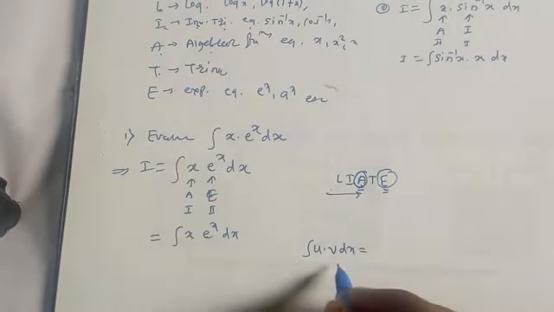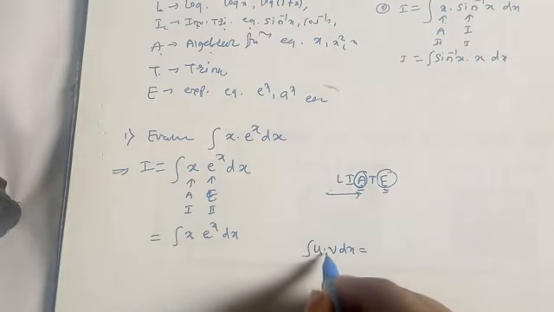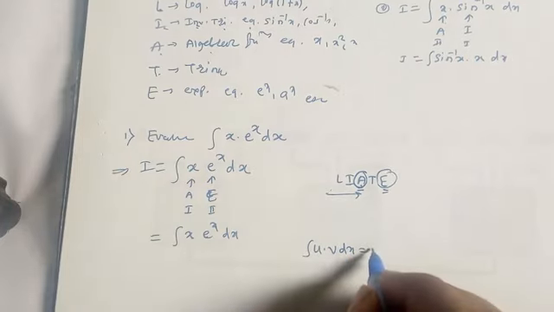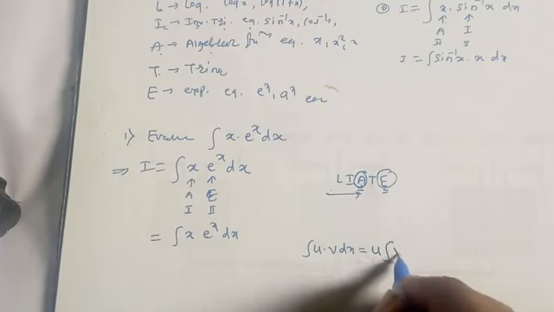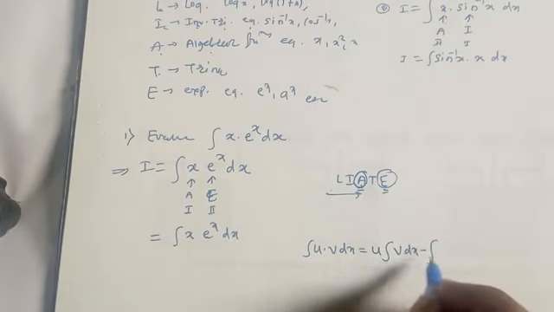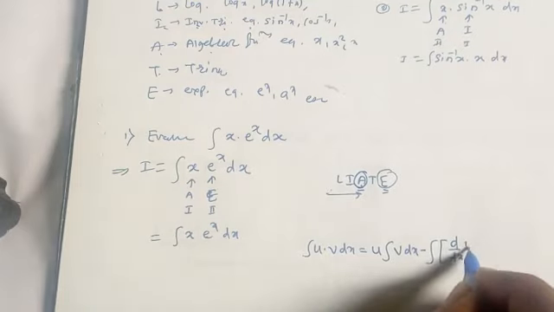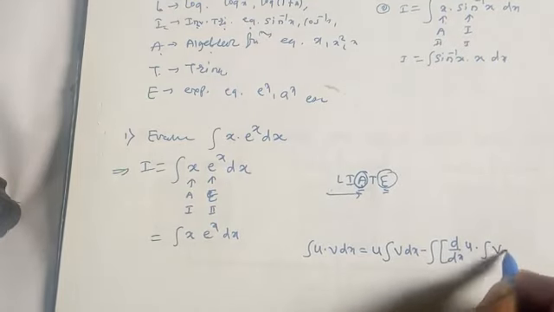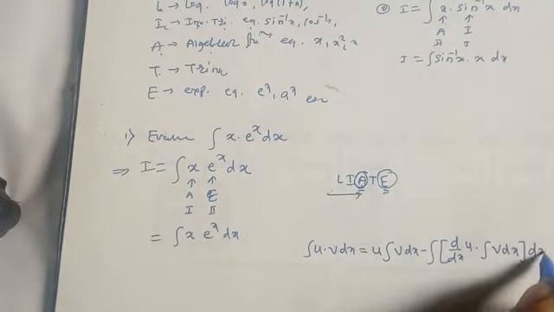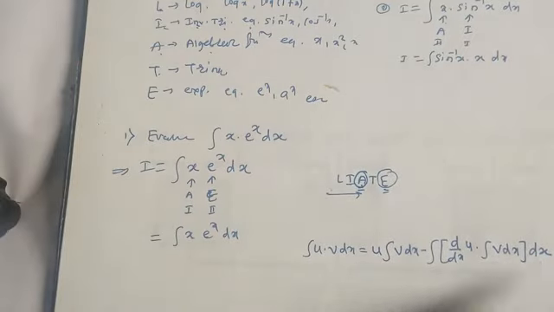And our by-parts rule is integration of u into v dx is equal to u into integration of v dx minus integration of the derivative of u into integration of v dx, the whole term multiplied by dx.